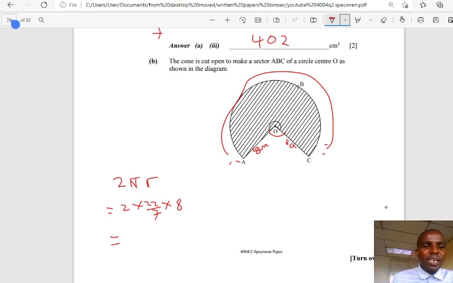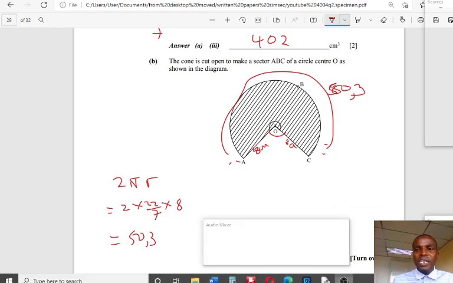It will be 22 times 2 times 8 over 7. 2 times 22 times 8 is equal to, then divide by 7, so it's 50.3. That's the distance going down there. So it's 50.3 centimeters.